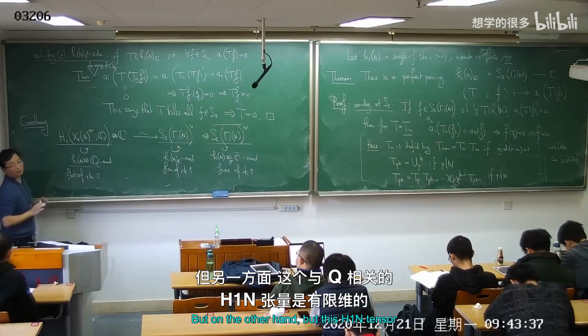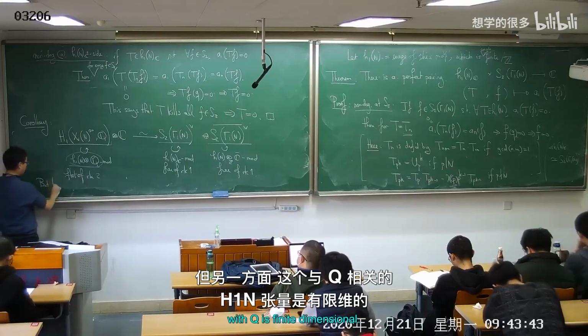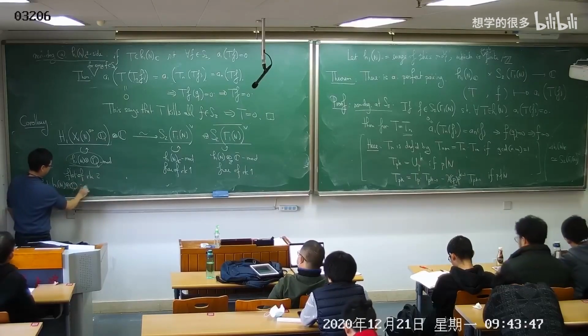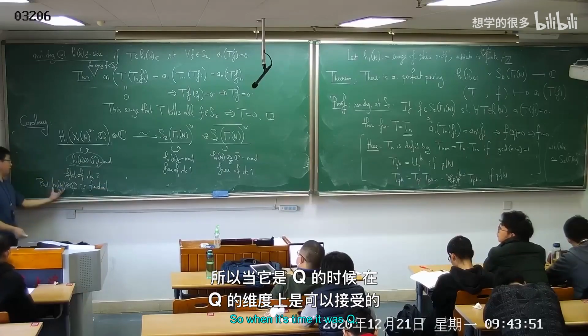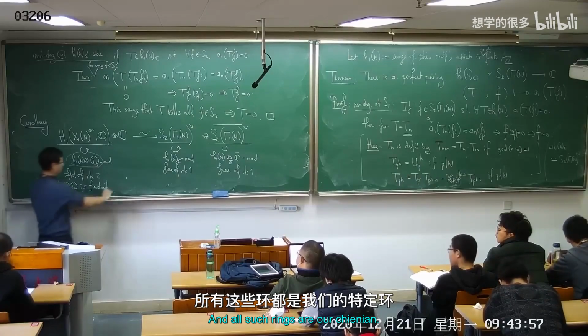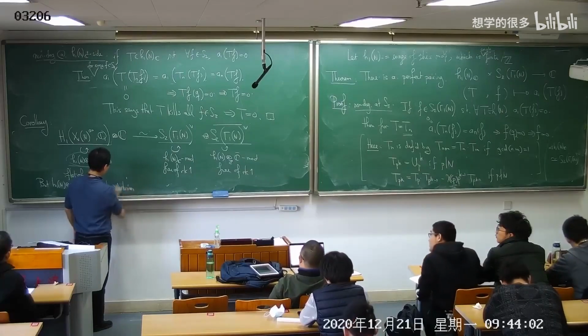Okay. But on the other hand, this H1N tensor with Q is finite dimensional. Because H1 of N is going to be finite over Z, when you tensor with Q, it's finite dimensional over Q. And all such rings are Artinian rings.